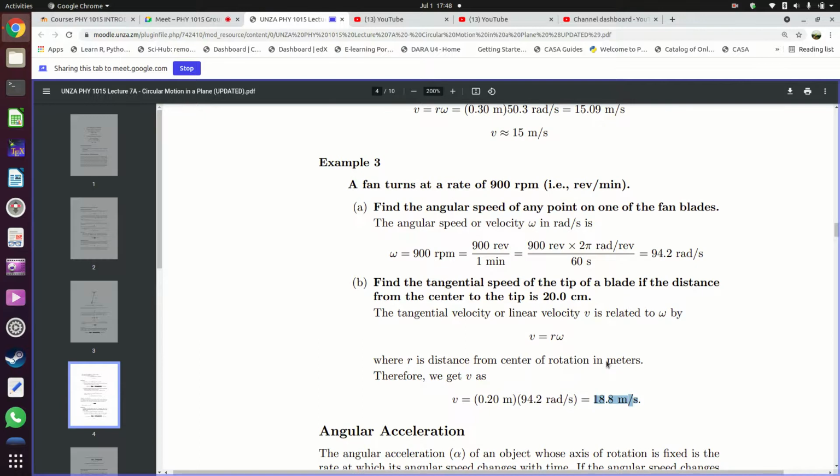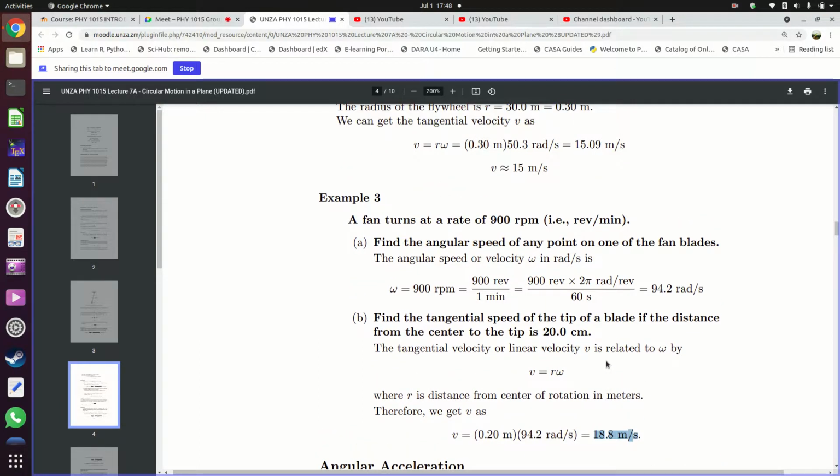Are we clear? I'll need to redo these conversions, so be on the lookout probably over the weekend for updated notes which clearly show how you convert from revolutions per minute to radians per second.